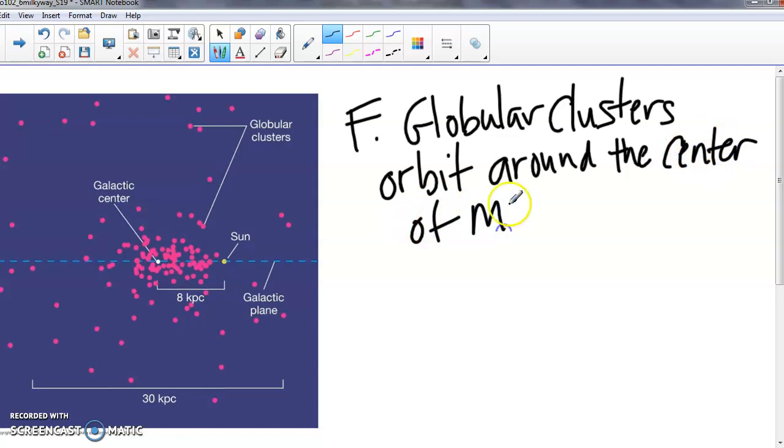I'm going to abbreviate Milky Way. Handwriting's bad anyway.